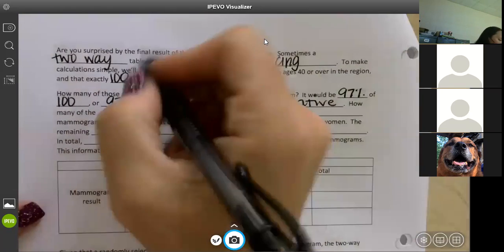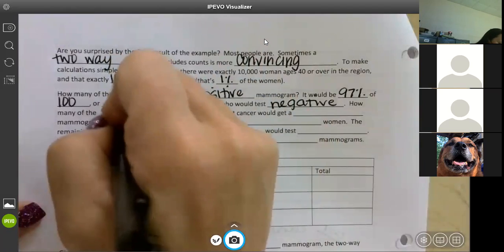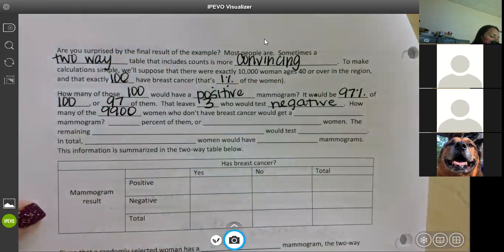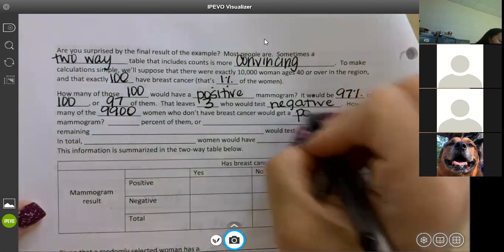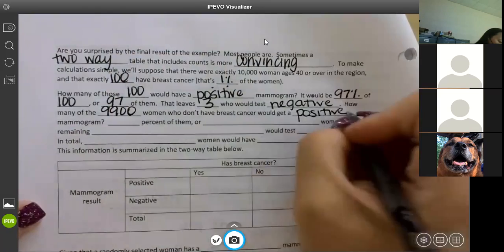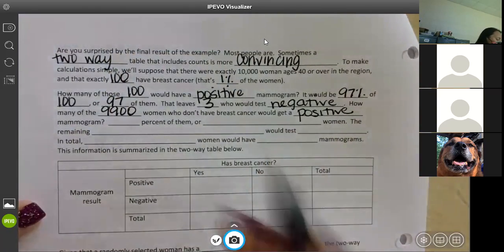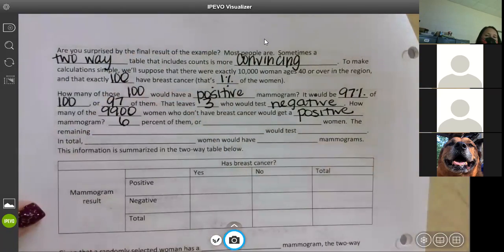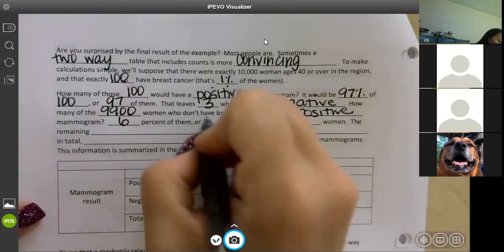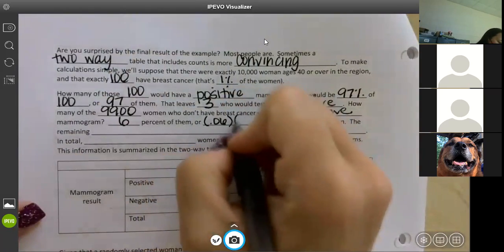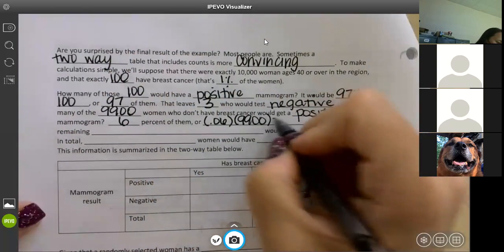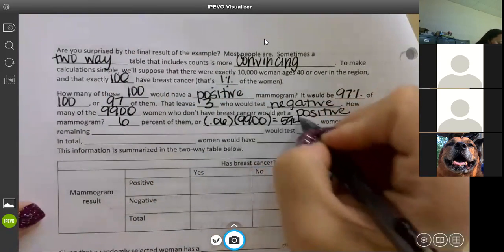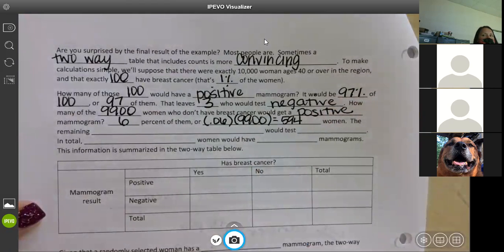How many of the 9,900 women who don't have breast cancer would get a positive mammogram? 6% of them, or 0.06 times 9,900, which is 594.